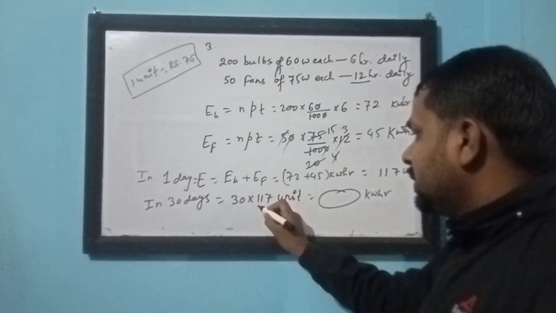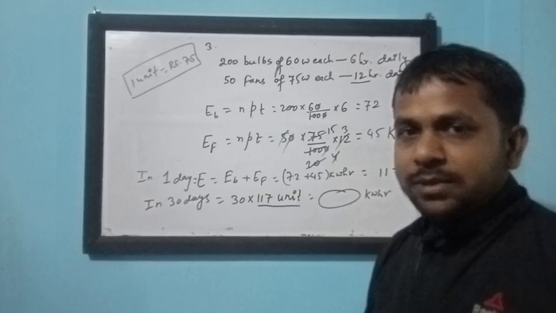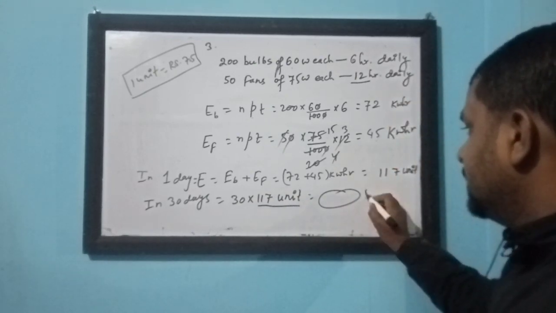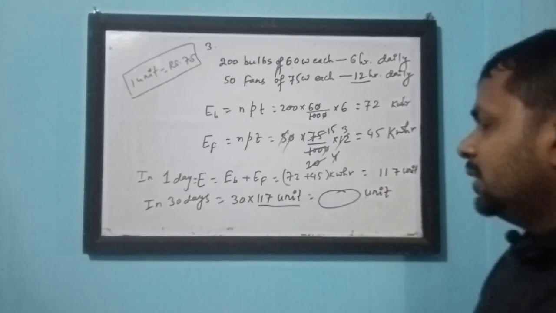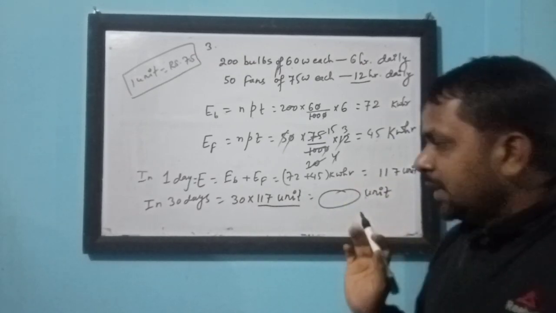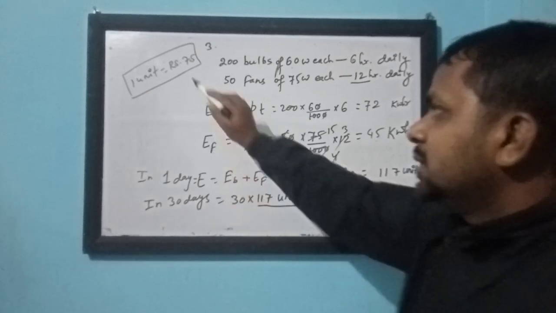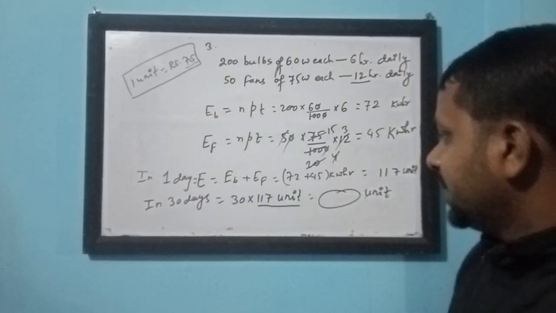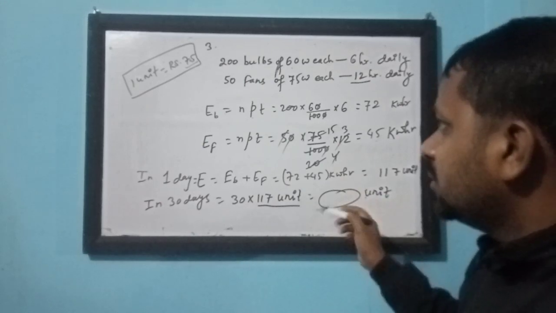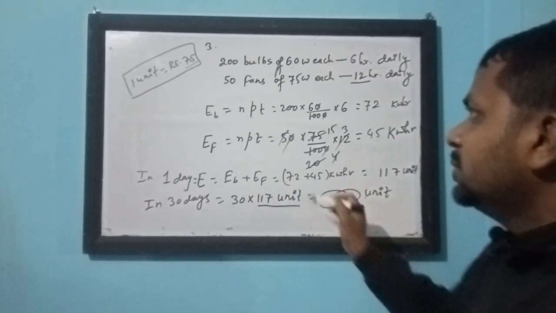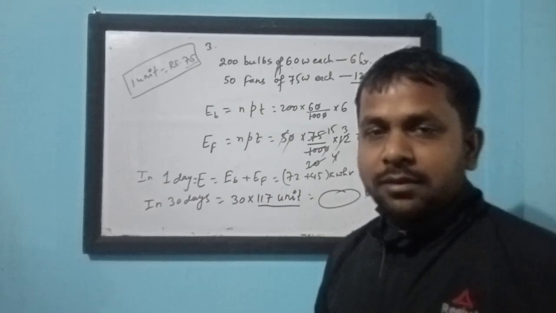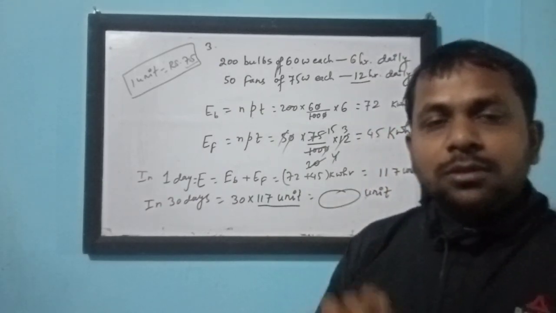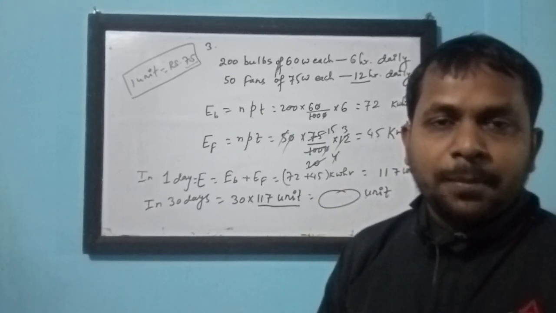In one day this many units, then multiply by 30, and that many units are used in 30 days. Then the value is given, 1 unit is equal to 7.5 rupees. Then this many units is equal to how much? This value into 7.5.